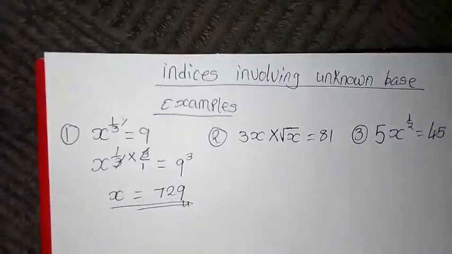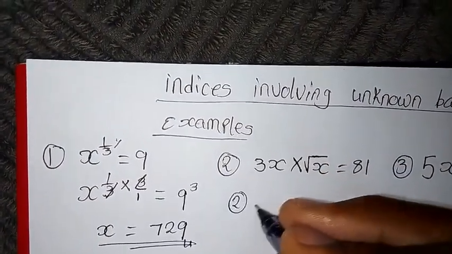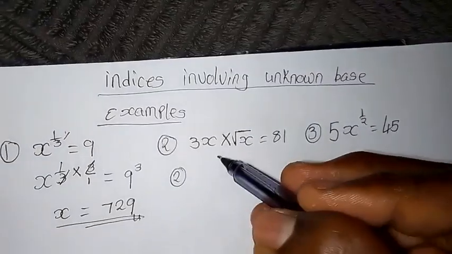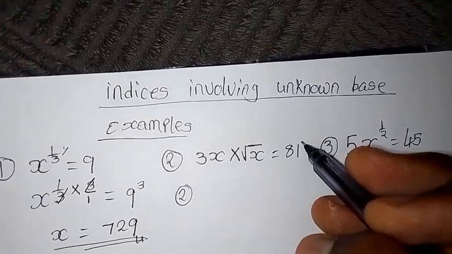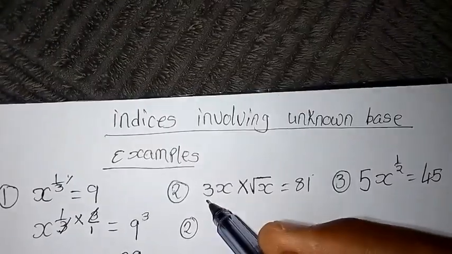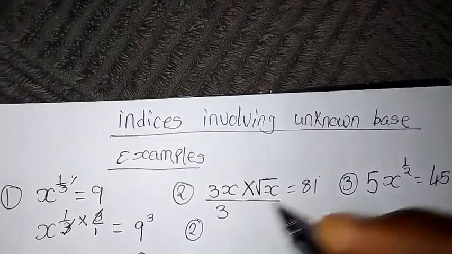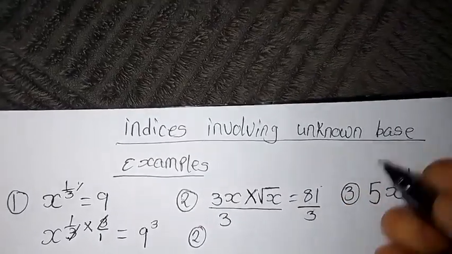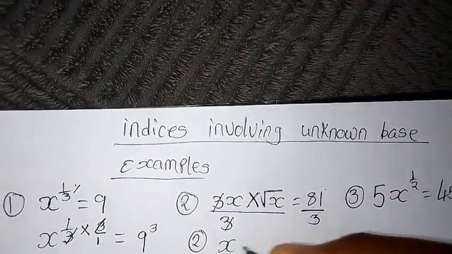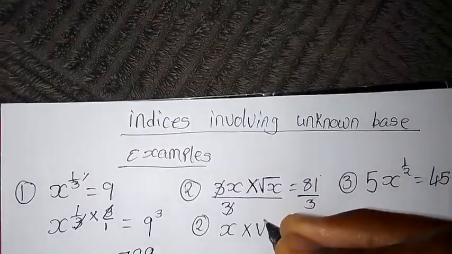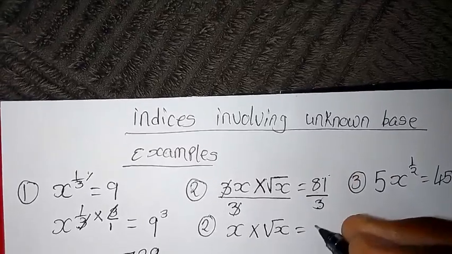The next one, number 2, here 3x multiplied by the square root of x is equal to 81. Since there's a multiplication symbol here, I'm going to divide 3 both sides. So it will be x multiplied by the square root of x is equal to 81 divided by 3, which is 27.